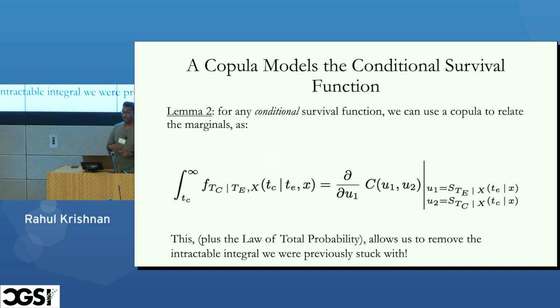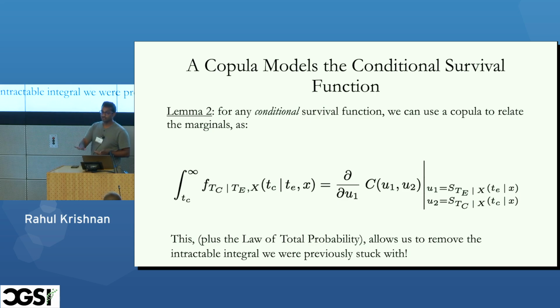And so I won't go into a lot of the mathematical details behind the machinery to make this work, but I will just say this, which is that you can take a copula and use it to replace that intractable integral that we had with an analytic function that is a function of the parameters of that copula.